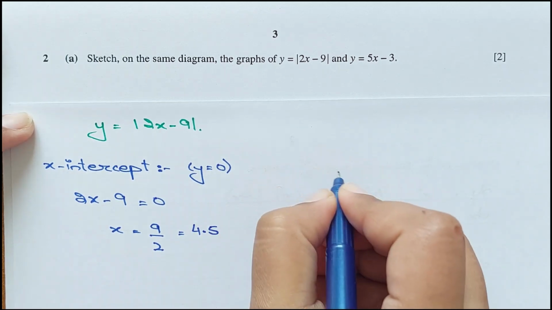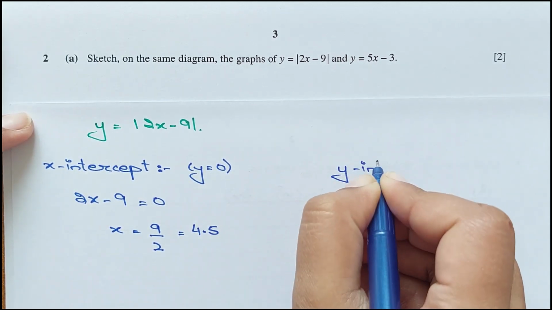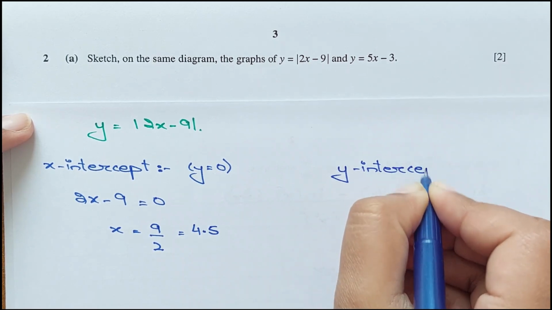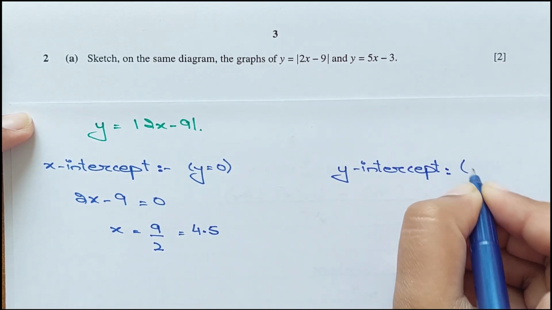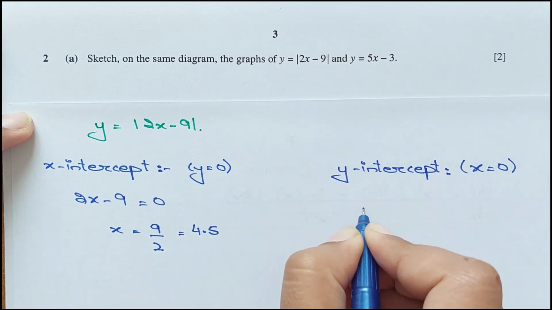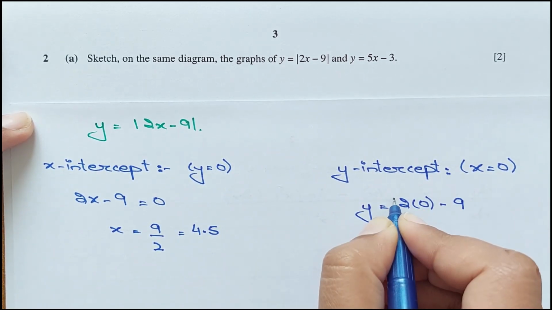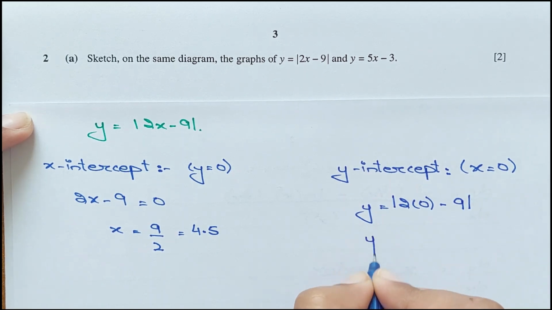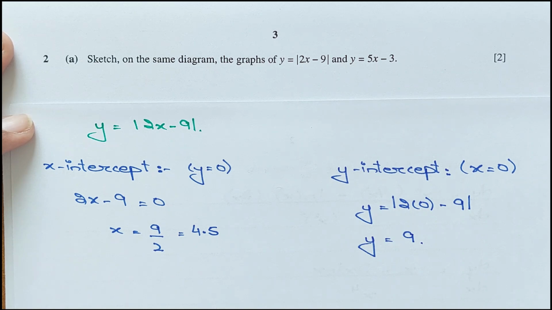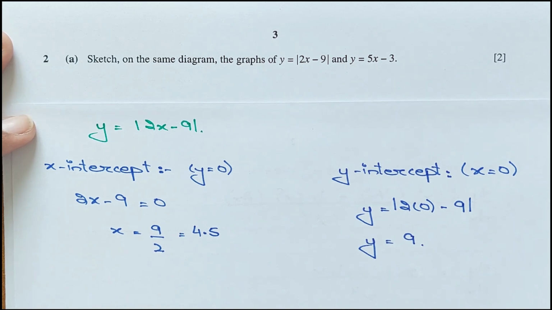Let's do the y-intercept, when x equals 0. So y equals the absolute of 2 times 0 minus 9, so y equals 9. The x-intercept is 4.5 and the y-intercept is 9.